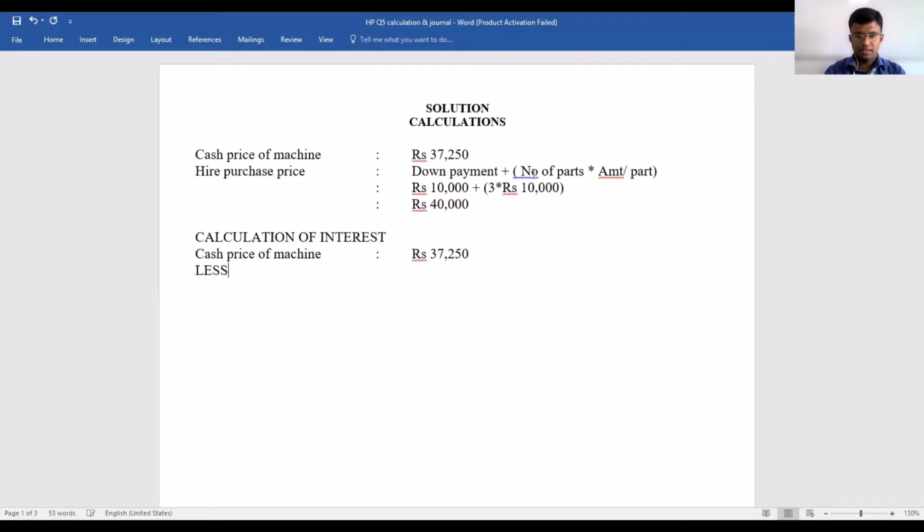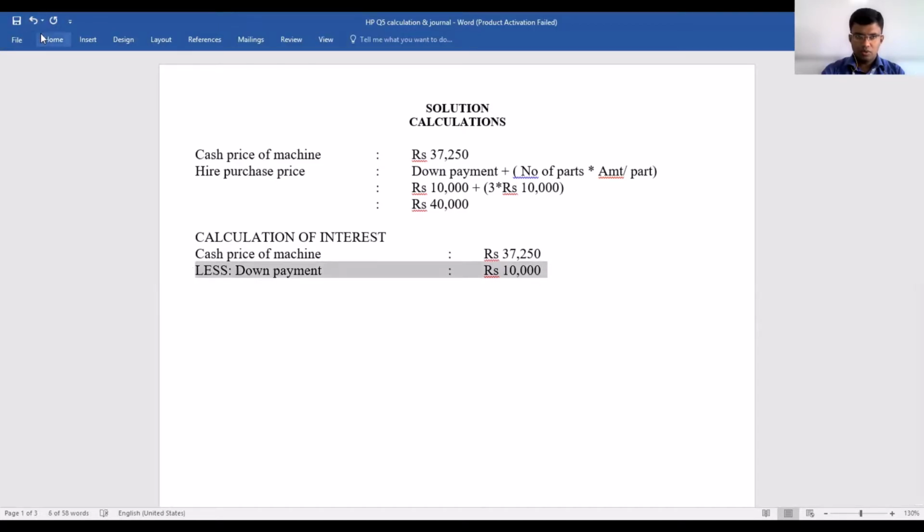Now from this, let us subtract the down payment. How much is your down payment? Down payment is rupees 10,000.